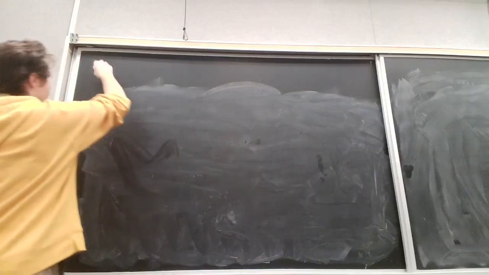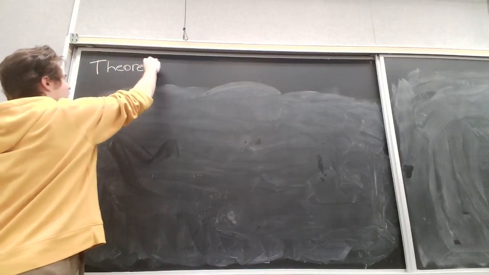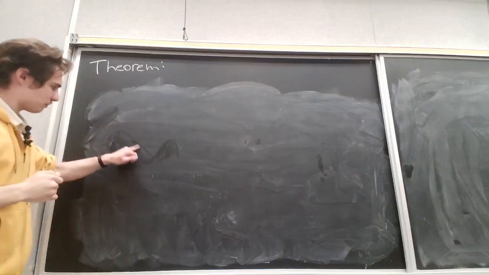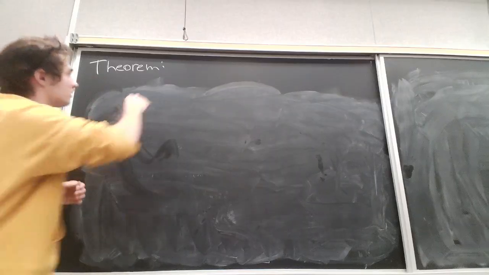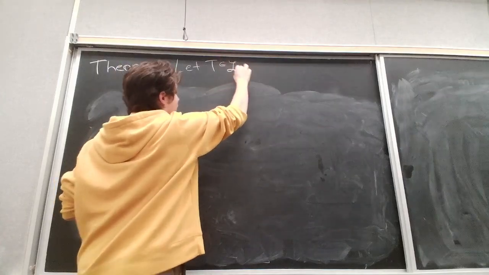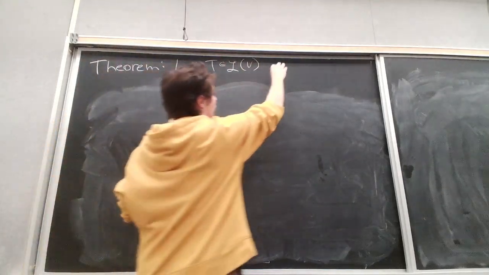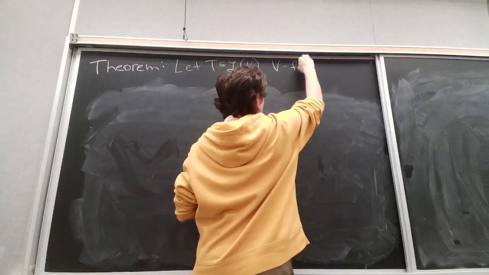First we'll prove a theorem. The theorem is going to be as follows. Let T be some linear operator on some V, where the vector space is finite dimensional.